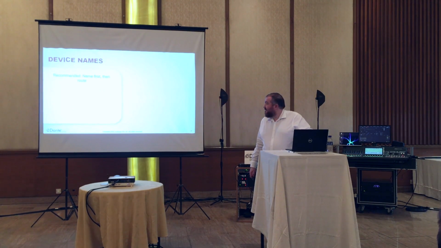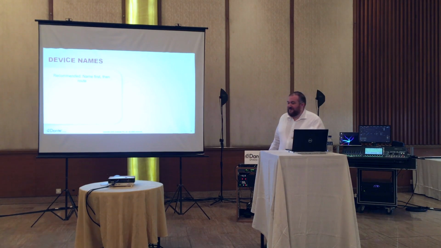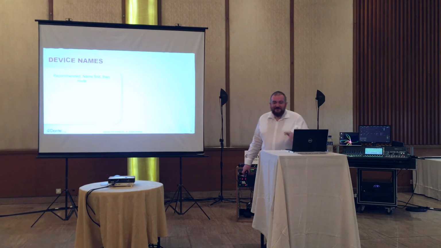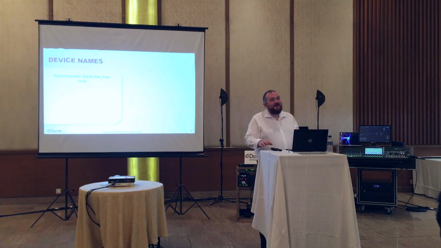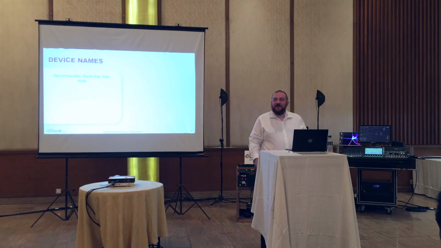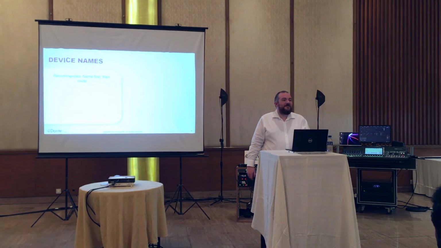So a few housekeeping things. Remember, name the device first, then do the routing. Okay, this is another one of those do as I say, don't do what I do things. Because it's really tempting when you have all these toys just to jam them all into a network switch and for them all to pop up. And then if you have, say, 100 amplifiers, and they've all come from the factory, they're going to come with the manufacturer name and the end of its MAC address.